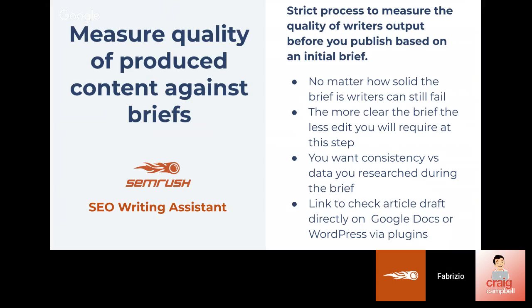By doing a good brief, it helped us at the later stage to make sure that writers don't go freestyle writing something else, giving them better expectations, having more consistency against the keyword research we originally did, and also quickly validating whether our expectations were met, rather than going back to our Google Docs, rereading the entire article, and going through each paragraph to figure out whether the writer did a good job. We still proofread, check the article, and edit it, but at least this phase is covered by the tool.